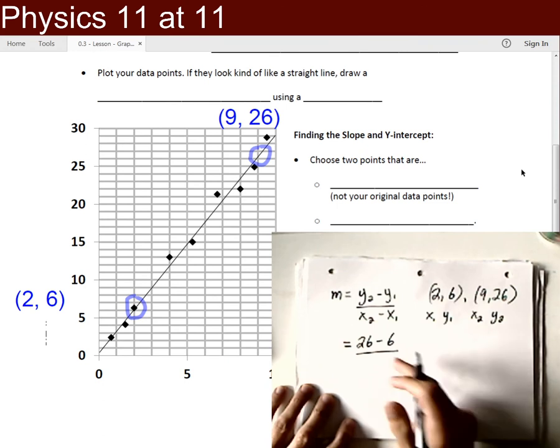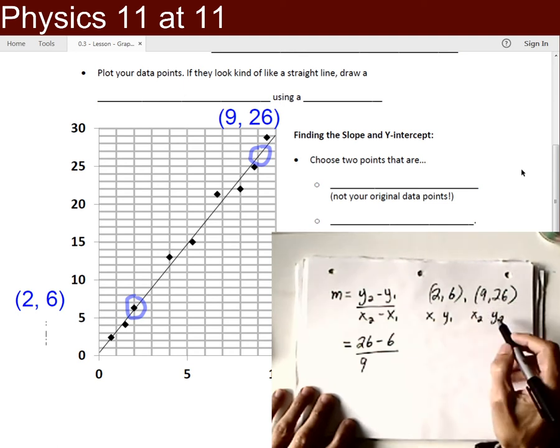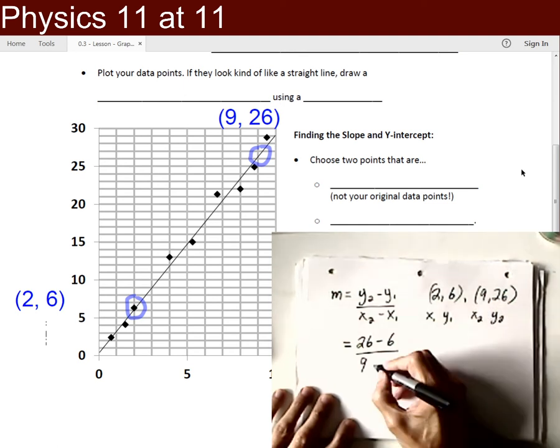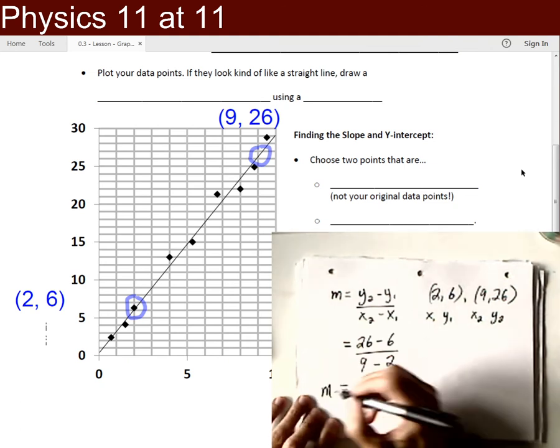This is how it goes when you're doing it by hand. Then you've got a 9 for x2, just as it says, and then a 2 for x1 like that. So doing the subtractions, you just get 20 over 7, which is some sort of a decimal.